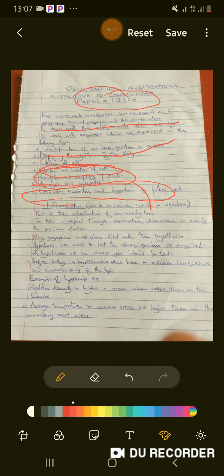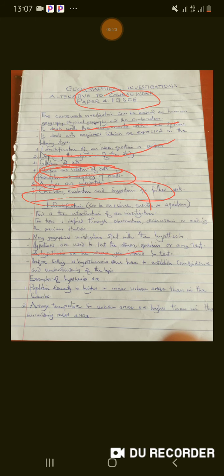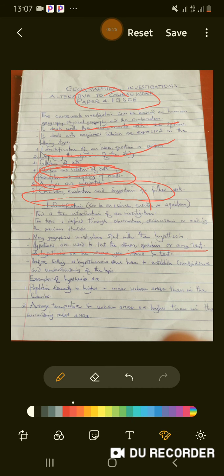The hypothesis is used to test issues, questions, on anything which is being tested. Therefore, a hypothesis is defined as an issue which one intends to test.